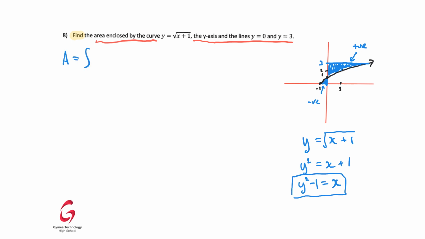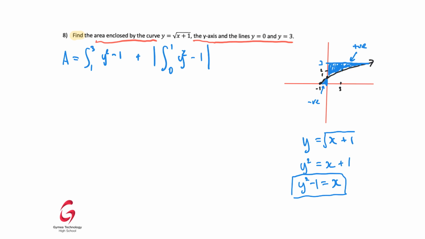The area is going to be this top one, the positive one, which is going to be from 3 to 1 of y squared minus 1, plus the absolute value of the area between 1 and 0 of y squared minus 1.